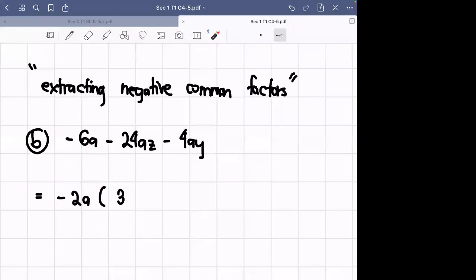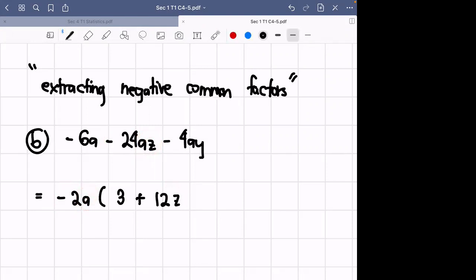Negative 24az divided by negative 2a: negative 24 divided by negative 2 gives positive 12, and az divided by a is just z.